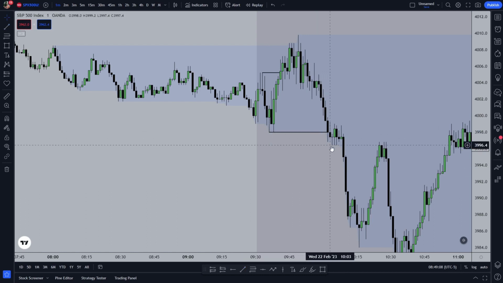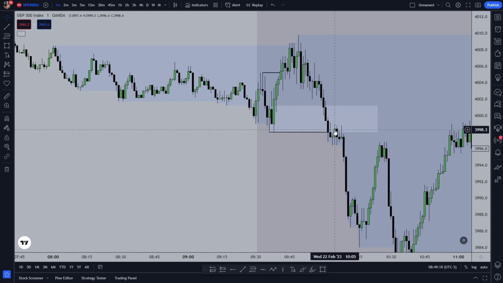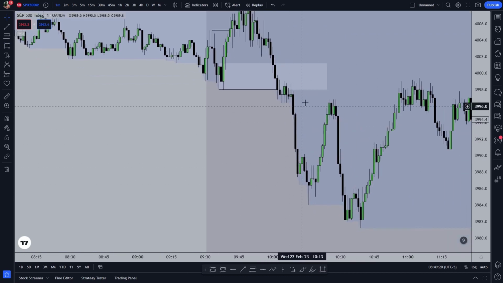When it took the low, at the right moment it bumps into this breaker, this one, bumps into this breaker and then starts falling. And then one more time it came back to this fair value gap. It gave one more swing to the downside.